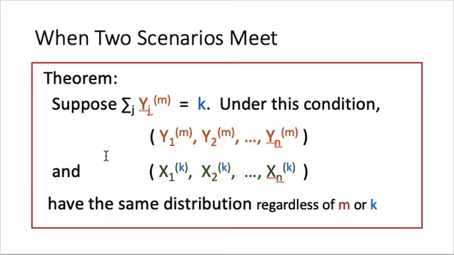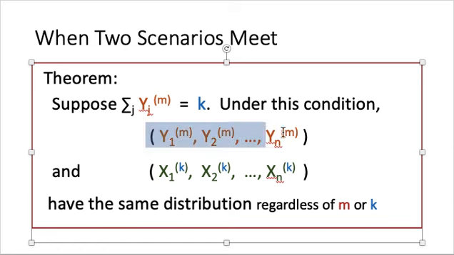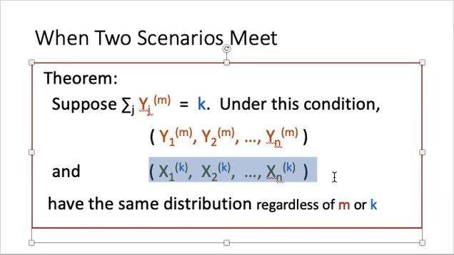So why are these two scenarios related? This is the theorem. Suppose that somebody tells us that the total number of balls thrown in the Poisson case is equal to k. Now under this condition, the distribution of y1, y2, y3 up to yn will be the same as the distribution of x1, x2, x3 up to xn.